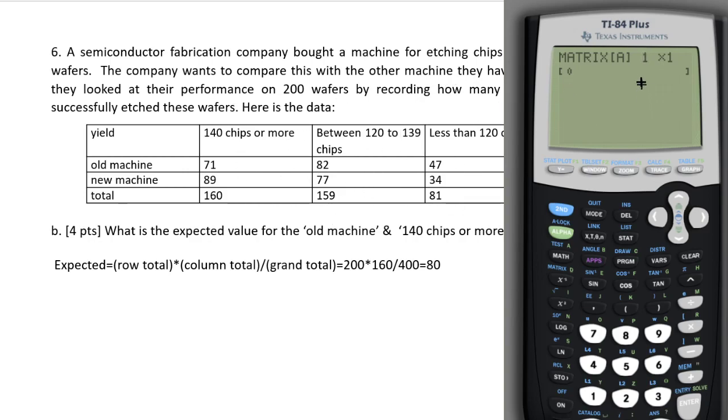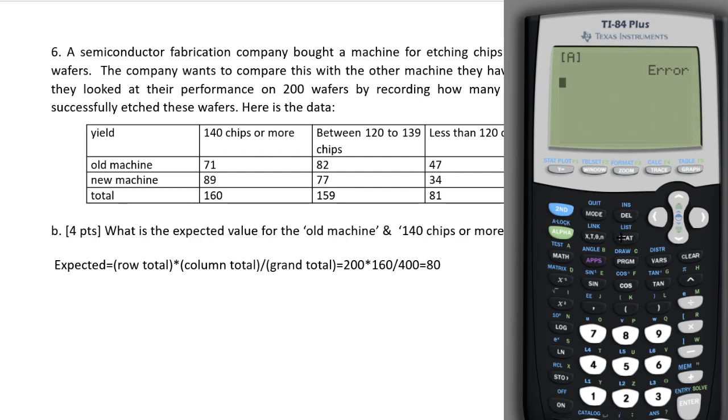So you want to put 2 by 3. And you want to put these numbers in. So these are 71, 82, 47, 89, 77, and 34. And then you can quit out of it.